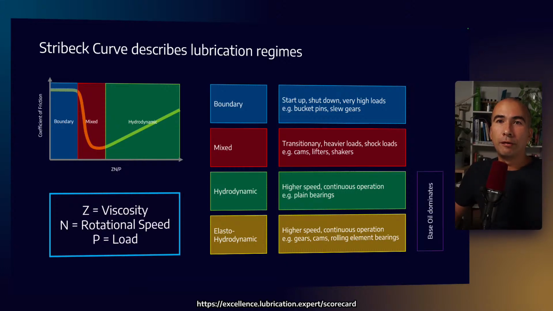Now, first of all, in hydrodynamic and elastohydrodynamic, it is the properties of the base oil which dominates the lubrication properties. And when we get into mixed and boundary lubrication, it's when the additives start to take over. Especially in boundary lubrication, it's pretty much all additive dominated.